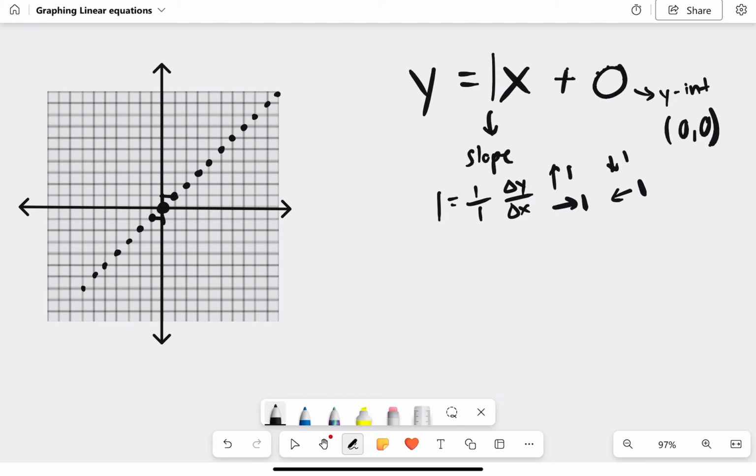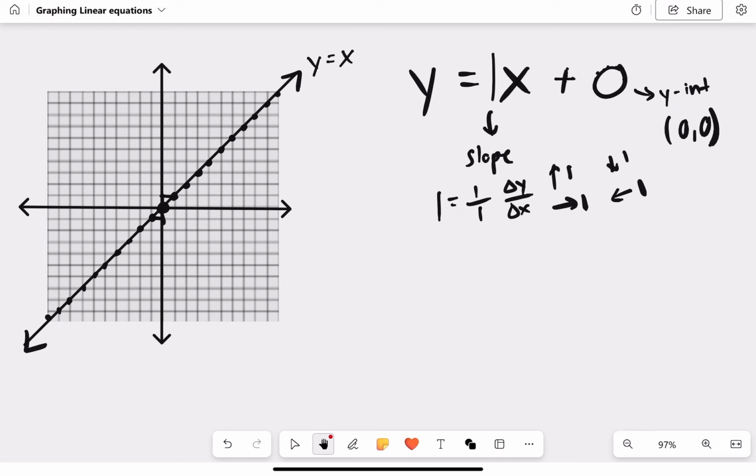Just keep plotting the points until you reach the end of the graph. And now all you have to do is make a line to connect them. Don't forget your arrows at the ends. There you go. That is a line y equals x.